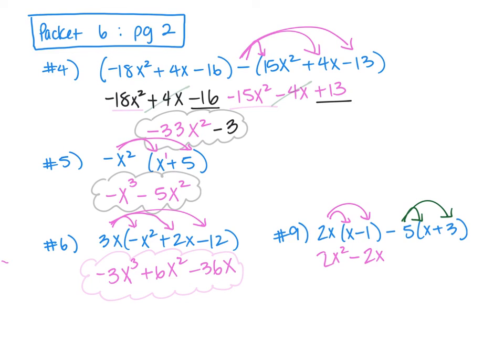And then the next one here, I have a negative 5 times x gives me negative 5x, and a negative 5 times a 3 gives me a negative 15. So I notice that the inner terms combine because they're both x to the first power. So then I have 2x squared that comes down. The inner terms combine to give you negative 7x. Remember, don't combine the exponents. And then the negative 15 comes down as it is. And so I can't combine anymore because the exponents are all different. So this is my final answer.